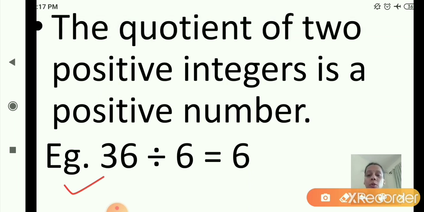Both the numbers are positive. So the quotient is a positive number. 36 divided by 6, that is 6. Yes, as you can see, a plus 6. First number is positive and the second number is positive, then the quotient is a positive number.